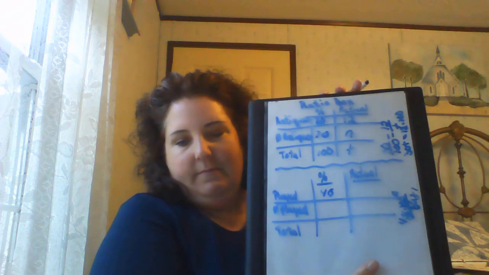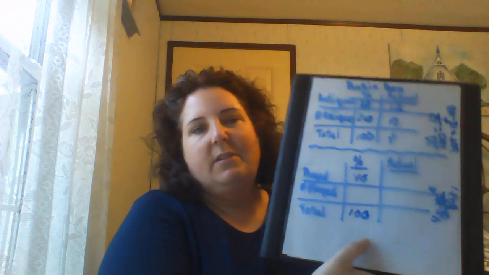Okay, so we got some new numbers. So we know that 40% of the team members played in the game. So I got my 40% in the played right there. And I know that if I'm talking about percentages, my total is going to be out of 100. So I put in my 100.